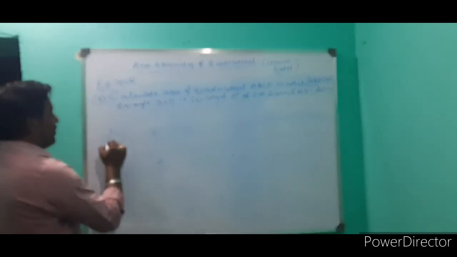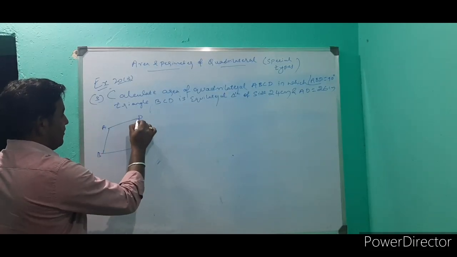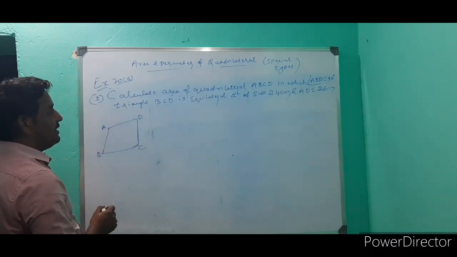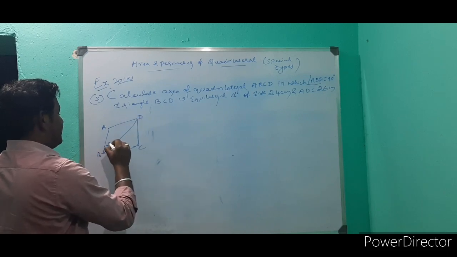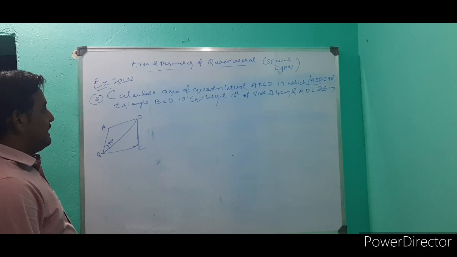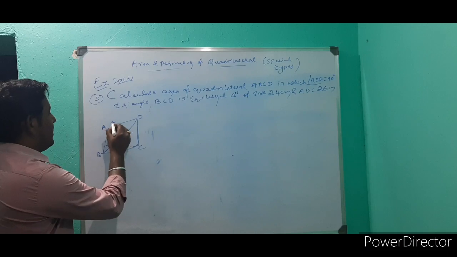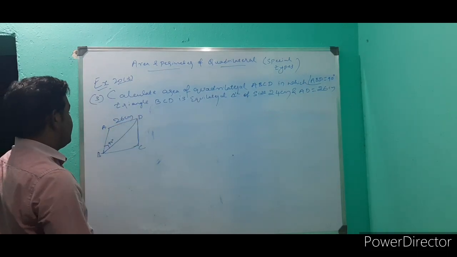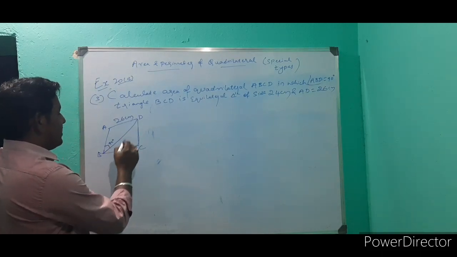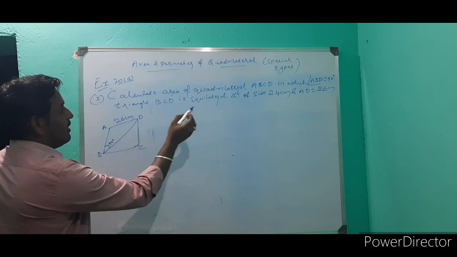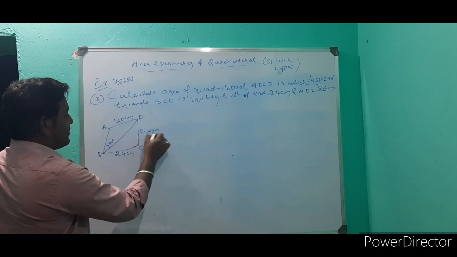So first we draw quadrilateral ABCD. Here they are given angle ABD, this angle is 90 degree. AD length is given as 26 centimeter. BCD is an equilateral triangle, which means all three sides are equal; one side is 24 centimeter, so the others are also 24 centimeter.